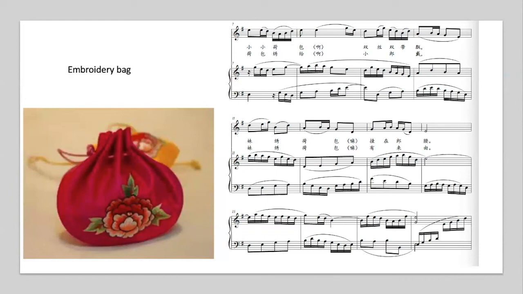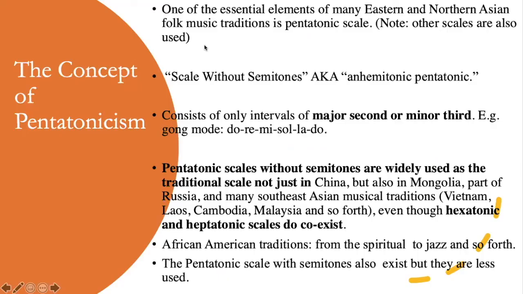I'm going to move to the next section, which is the cultural background of pentatonicism. Globally, it is mostly used in Asian countries. However, it is also used in African American traditions, jazz style. Pentatonic scales without semitones are used in China, Mongolia, part of Russia, and many Southeast Asian musical traditions, such as Vietnam, Laos, Cambodia, Malaysia.